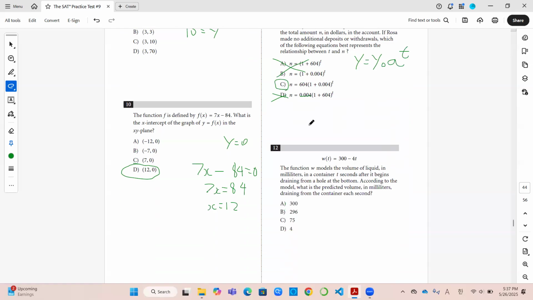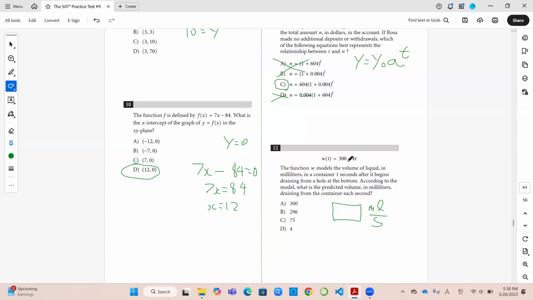The function W models the volume of liquid in milliliters in a container t seconds after it begins draining from a hole at the bottom. According to the model, what is the predicted volume in milliliters draining from the container each second? So we're just trying to look for some value, milliliters per second. 300 is the initial volume, and we want to see how much liquid is drained for each second.